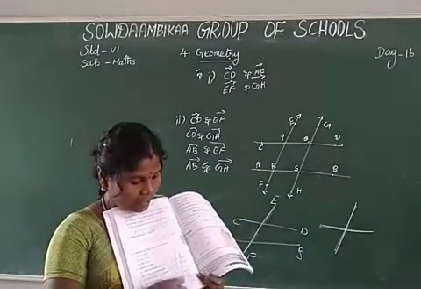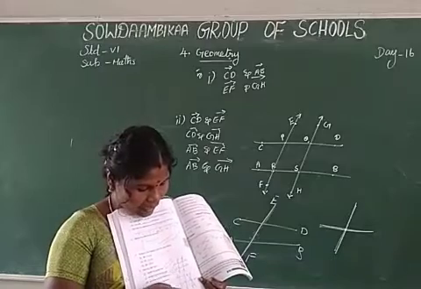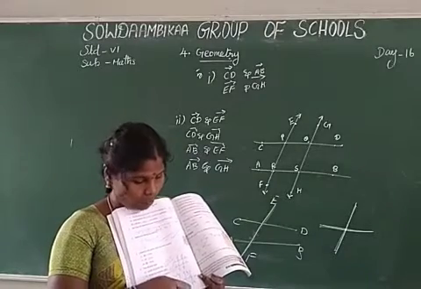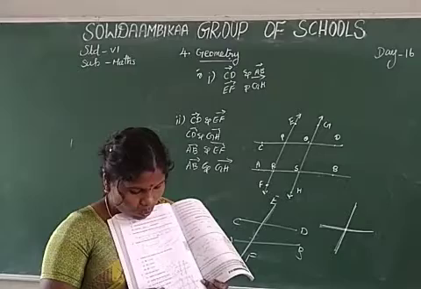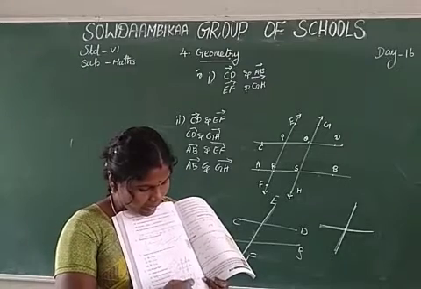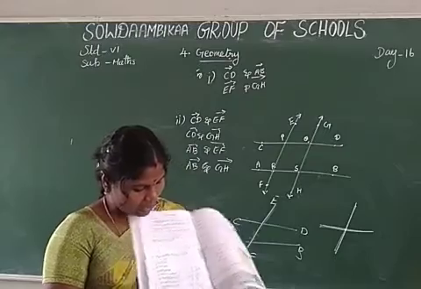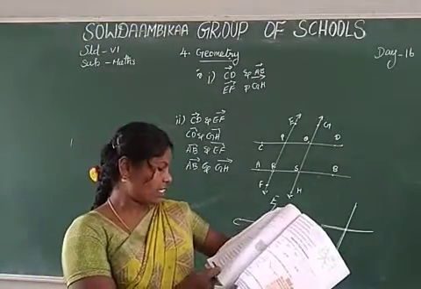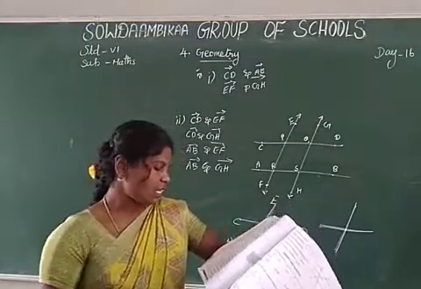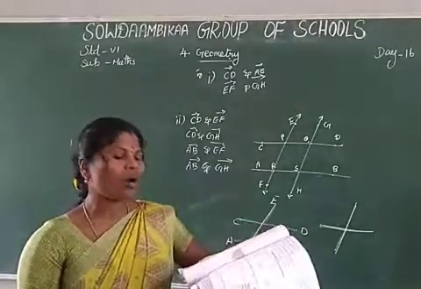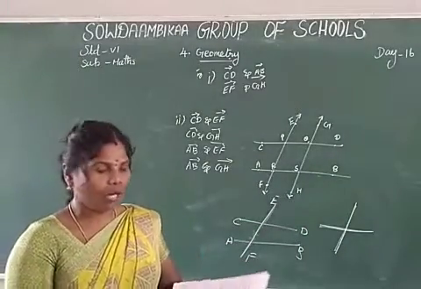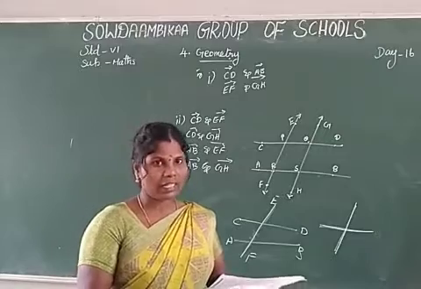See carefully, it has three parallel lines: CD, EF, IJ. So CD and EF, CD and IJ, and EF and IJ are the parallel lines. Next, intersecting lines: find out and write the points of intersection P, Q, R. See the picture carefully and write the answer.